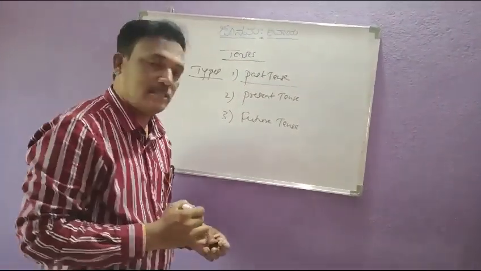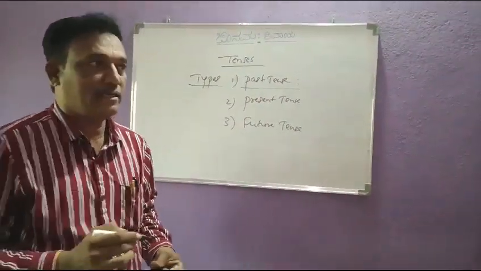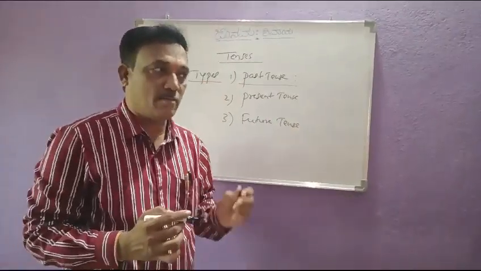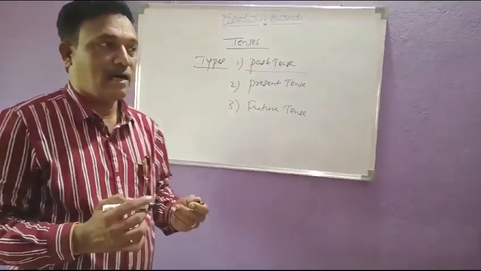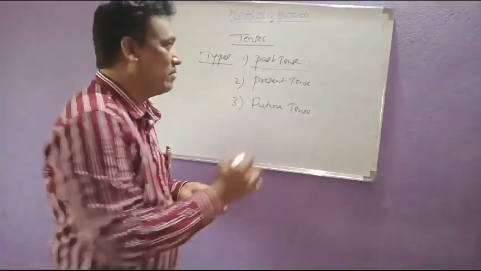Past tense is one which indicates the work which has already been completed, early in the morning, or before the day, or in a month, or in a year, or so many years ago.